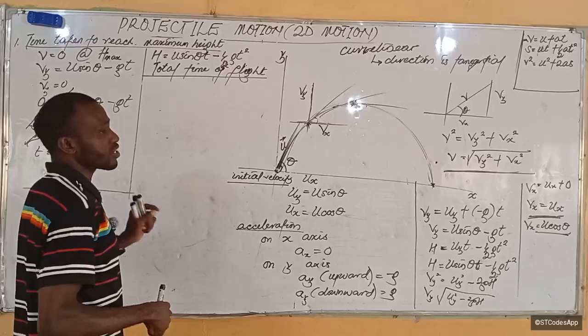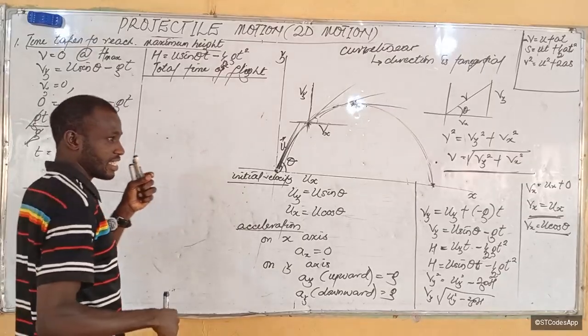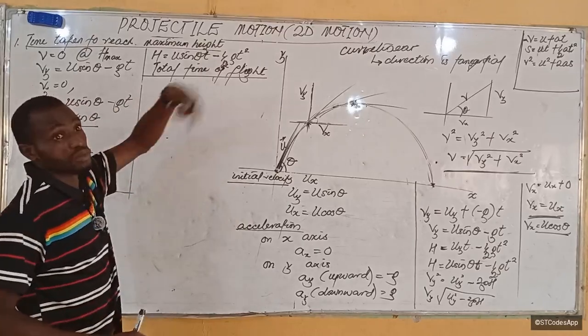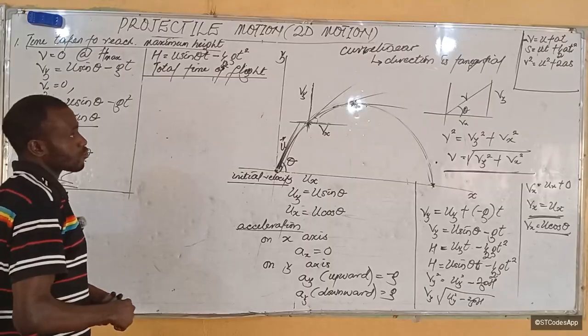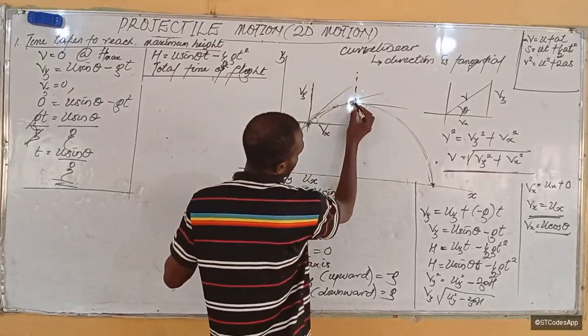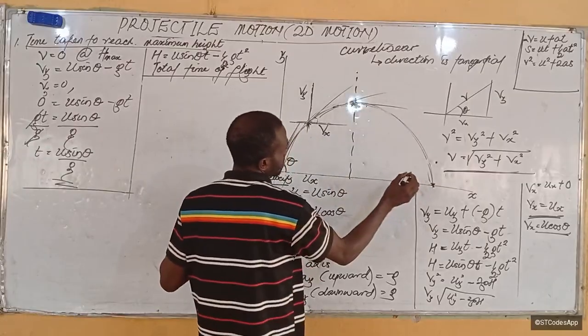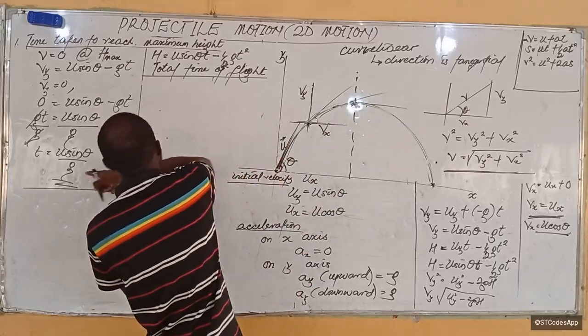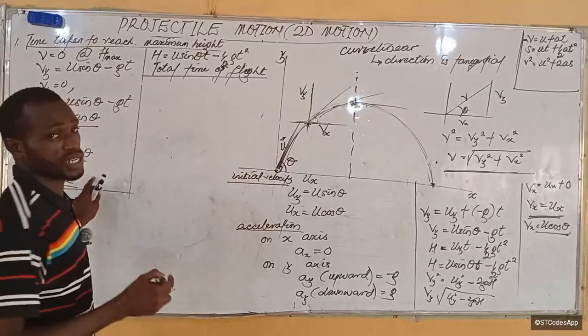But they can tell you to find the time taken to reach the maximum height. That will tell you that for a projectile that is just thrown down like this, the time you calculate will not be total time of flight. You can use this formula already.